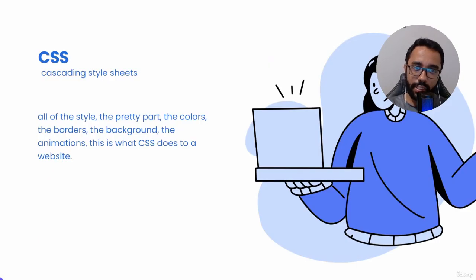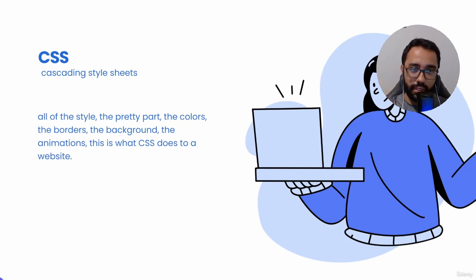CSS means cascading style sheets. This is the main one responsible for all of the style, the animations, the background colors, the border radius, the hover effects, the menu that pops in your screen, the hamburger menus, and everything that you see that is related to color, changes, and animations. They are all created using CSS.